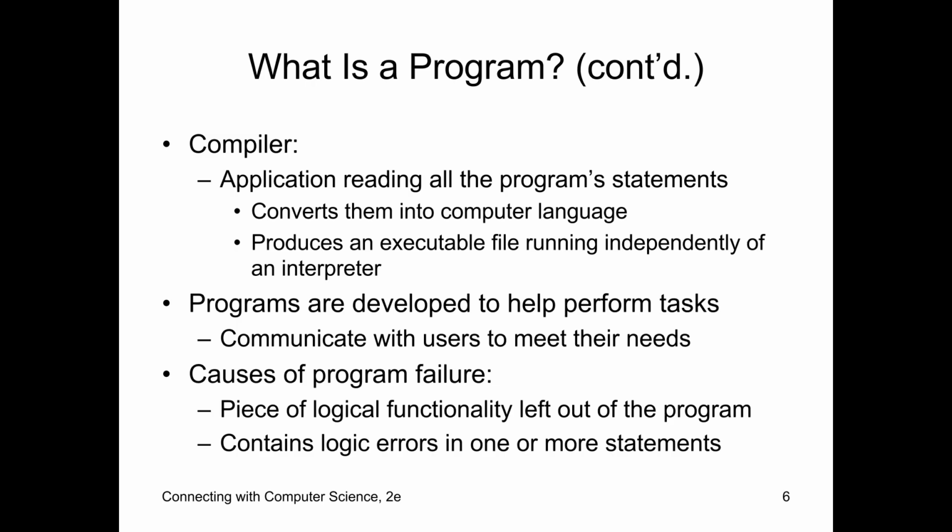Programs are developed to help perform tasks, and computers are really, really good at performing redundant tasks. Humans, I mean, we can go insane having to do the same thing over and over and over again. It's not what we're really rigged for. It becomes monotonous, and then your mind begins to wander, and then you begin to slip.